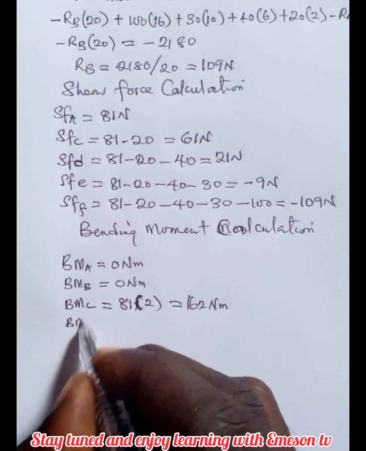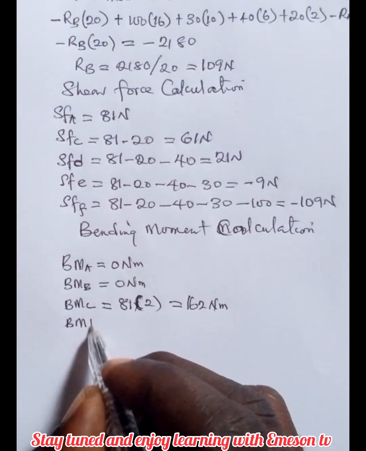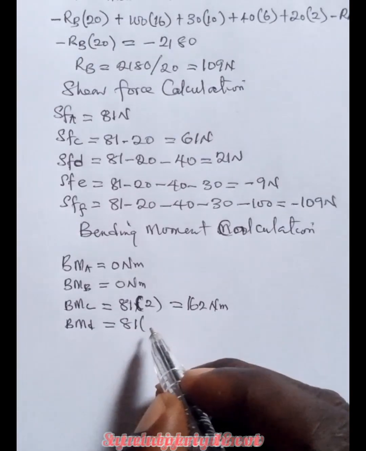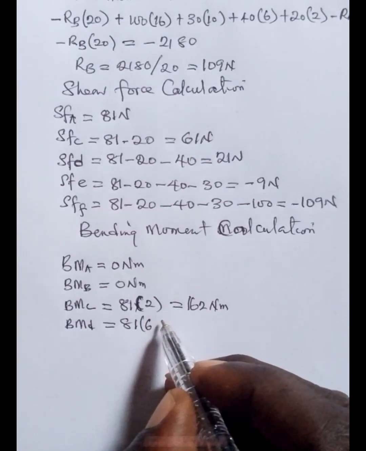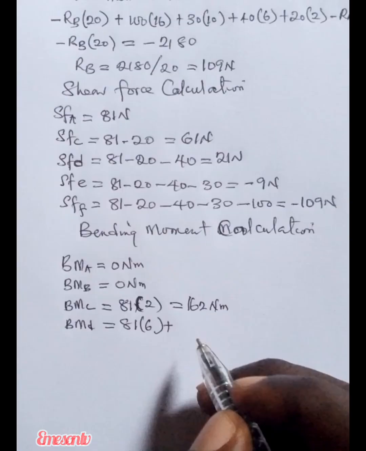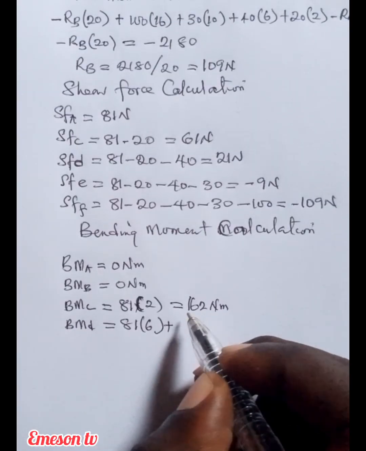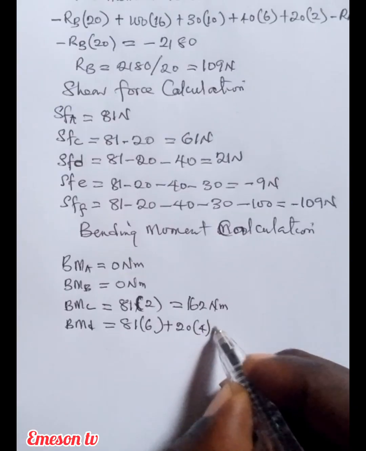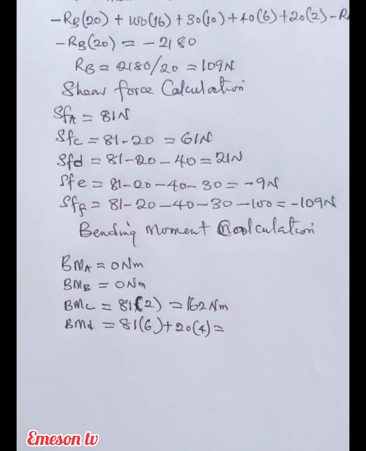Let's move to bending moment at point D. This will be 81 multiplied by 6 plus, that is the distance from this point to this point, 20 multiplied by 4. This will give us what?